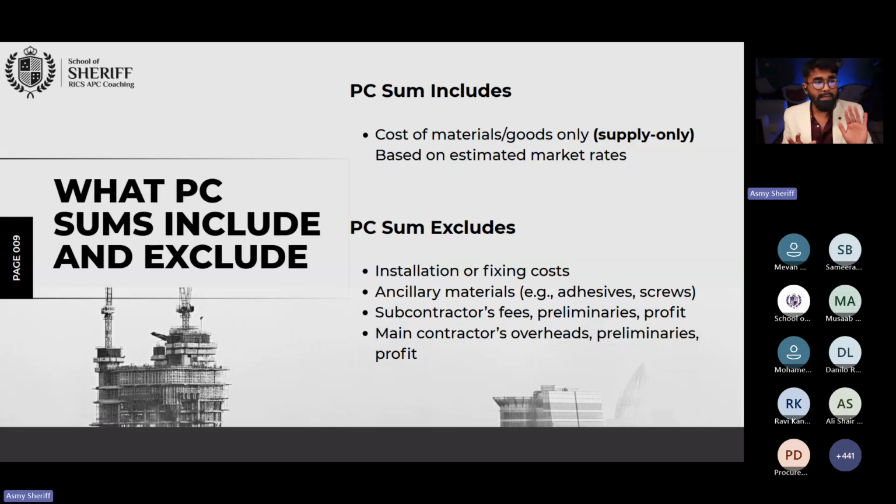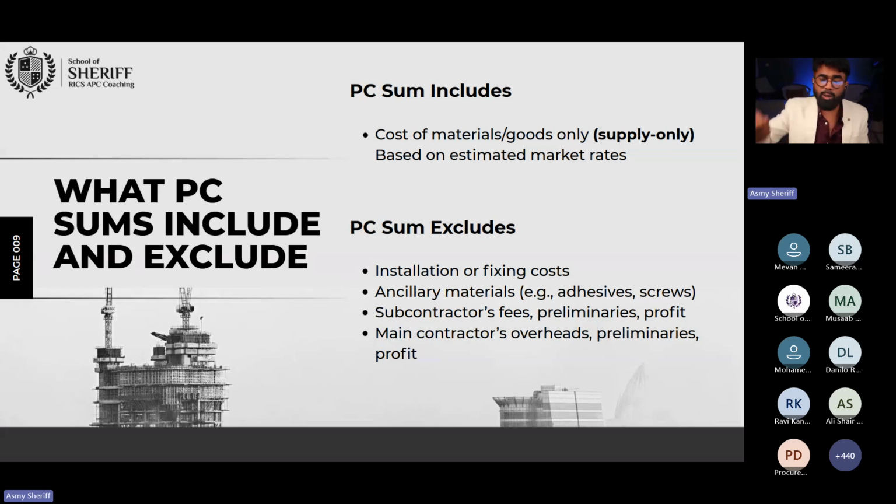So remember, guys, provisional sum means the entire scope of work. Prime cost means supply only material. For that one, you don't have certainty. You don't have visibility of what tap you're going to select. So you're going to make it a prime cost under that water tap, and mention 35 riyal, 50 riyal, 100 riyal. Right?